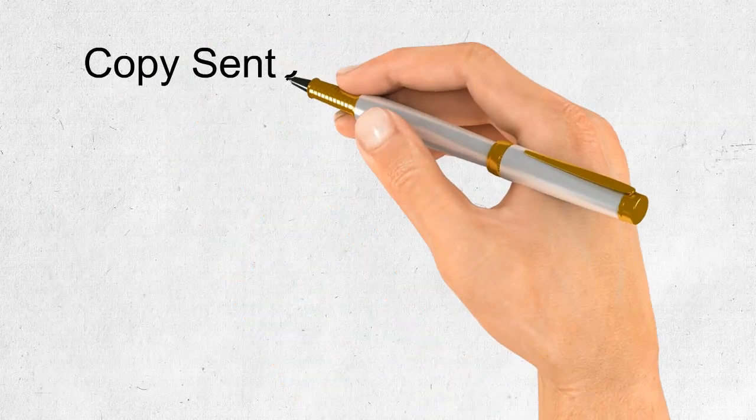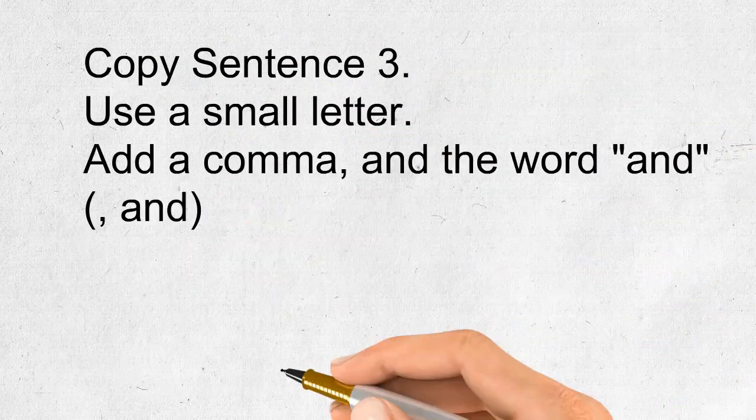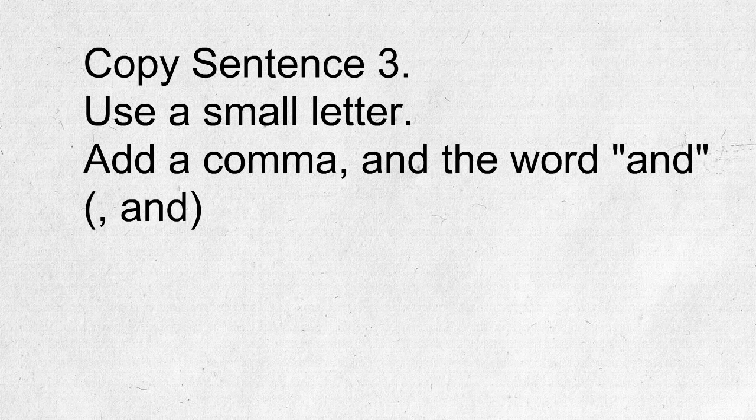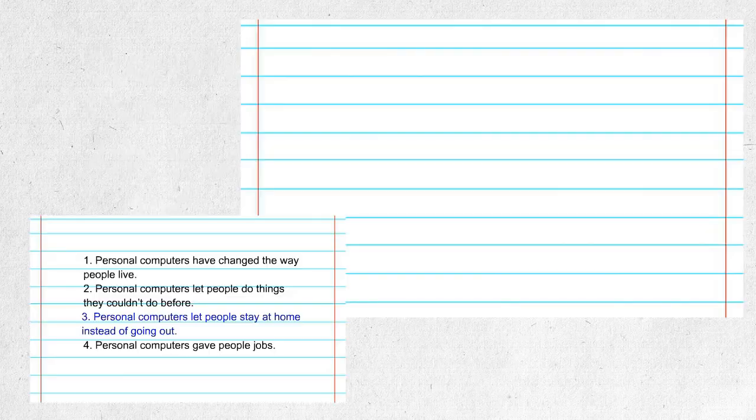All right, now step 3, we're going to copy sentence 3. We're going to use a small letter instead of the capital, or the lowercase, if you will. And then we're going to add a comma and the word and. So we're going to have comma and at the end of that sentence. And that looks like this.